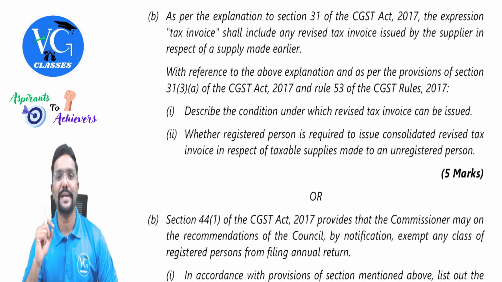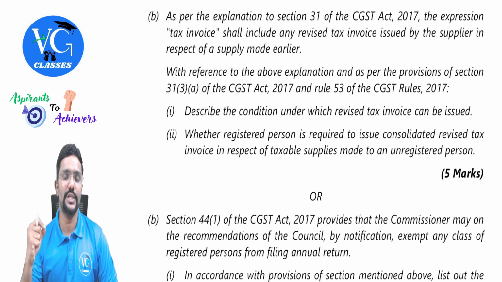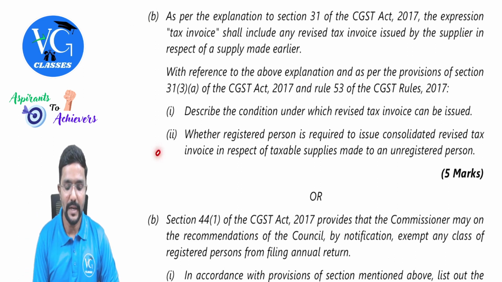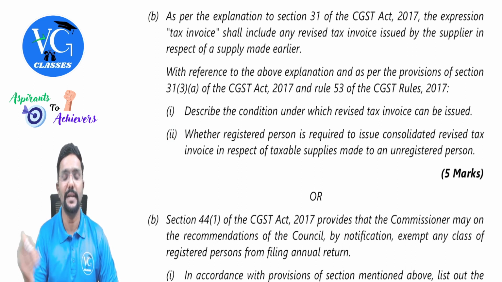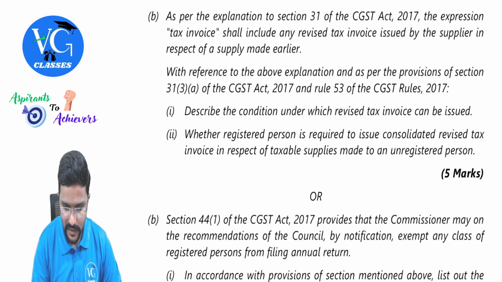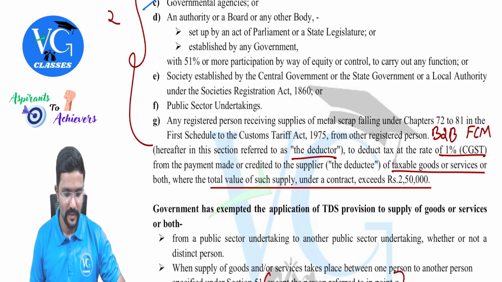With reference to the above explanation and as per the provisions of section 31(3)(a) of CGST Act, which talks about revised tax invoice, and Rule 53 of CGST Rules 2017, describe the conditions under which a revised tax invoice can be issued. And whether a registered person is required to issue a consolidated revised tax invoice in respect of taxable supply made to an unregistered person. So this is on the invoice topic, section 31. You can come to the invoice topic.